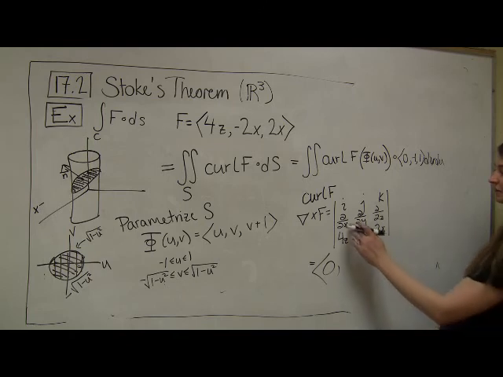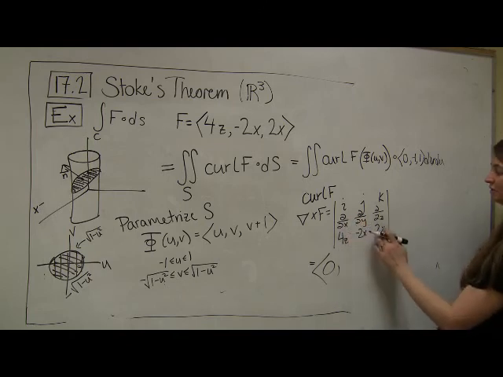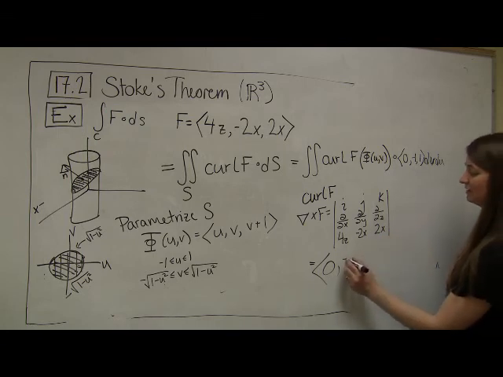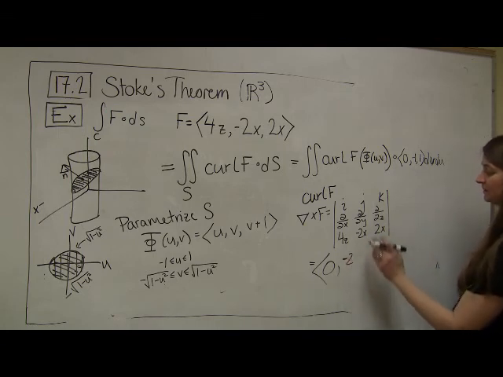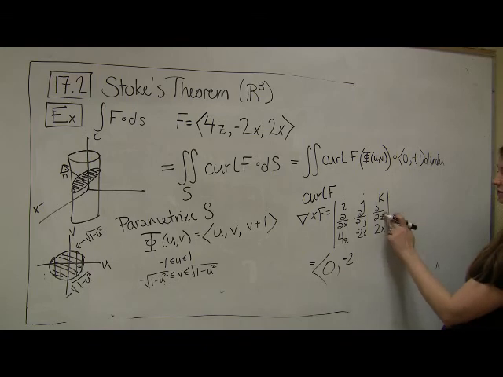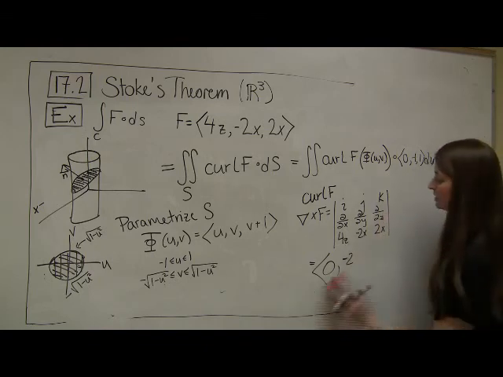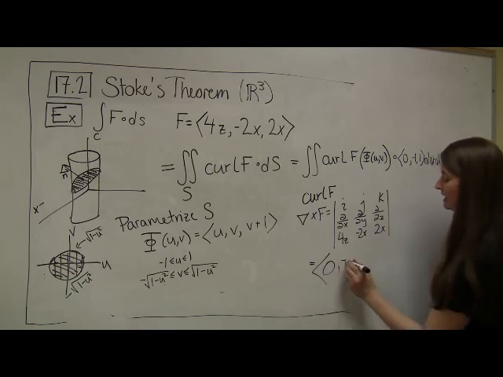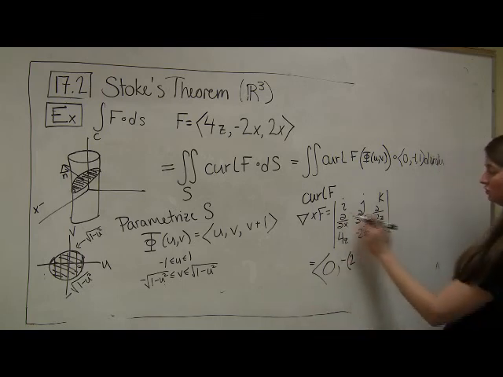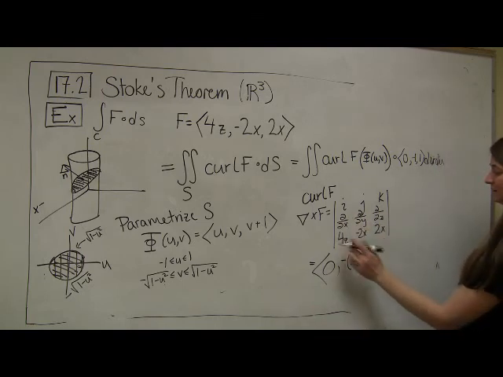For the jth component, the partial derivative of 2x with respect to x is 2, but it's negative because we're in the jth component. And the partial derivative of 4z with respect to z, maybe I should write it like this. It's the negative of 2 minus 4.